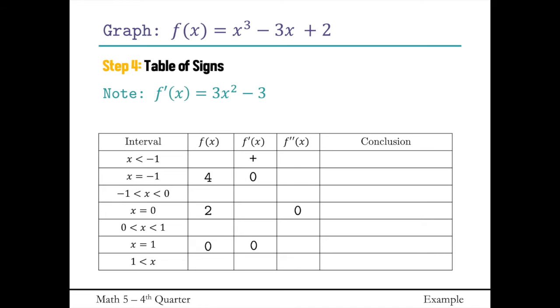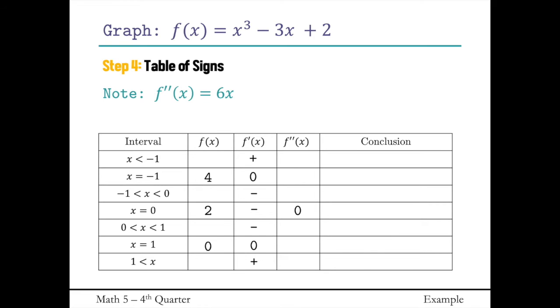Now, we should consider the interval from negative 1 to 1. If we take a number as a representative for this interval, say 0, this would result in a negative number. And for the last subinterval, numbers greater than 1, if we take a representative and substitute it in f prime of x, we see that this results in a positive number.